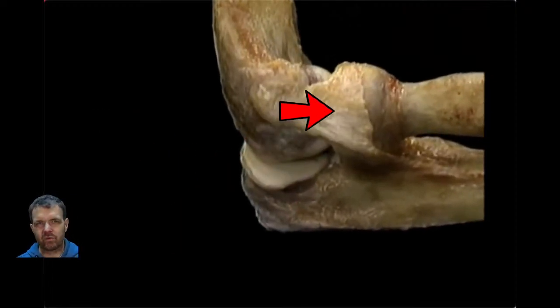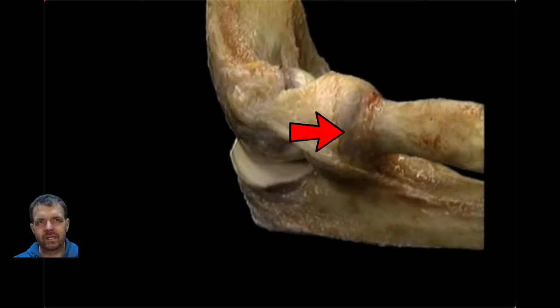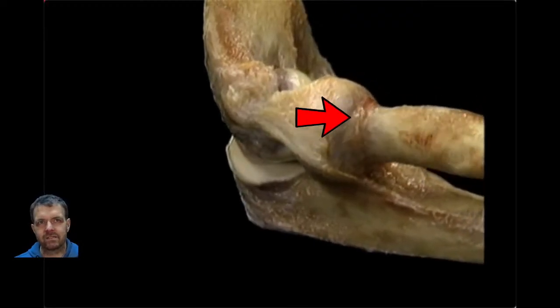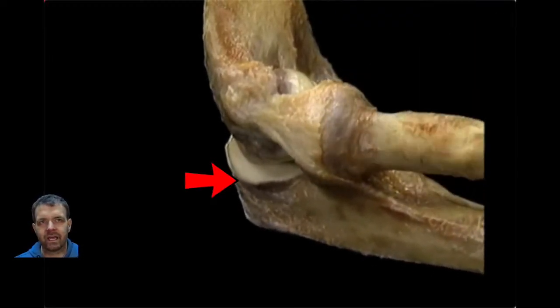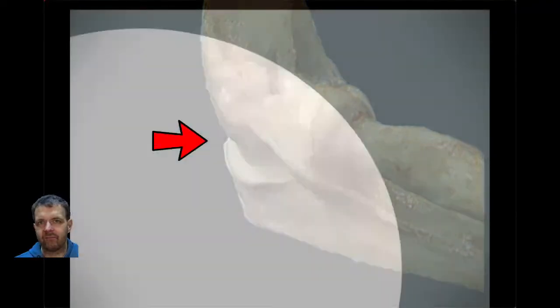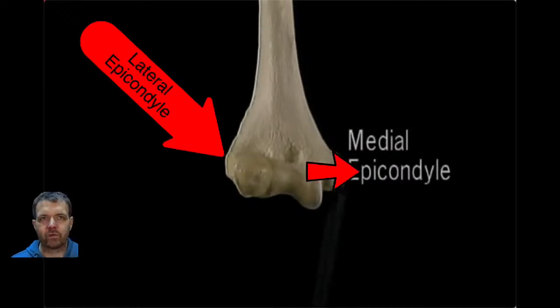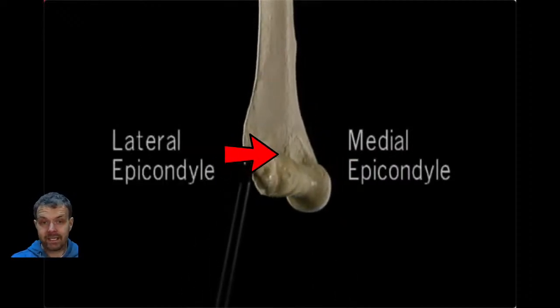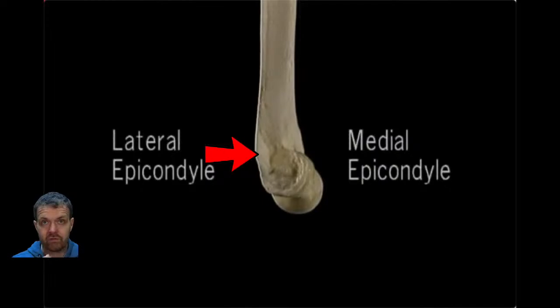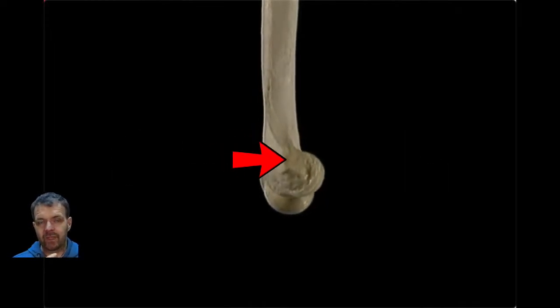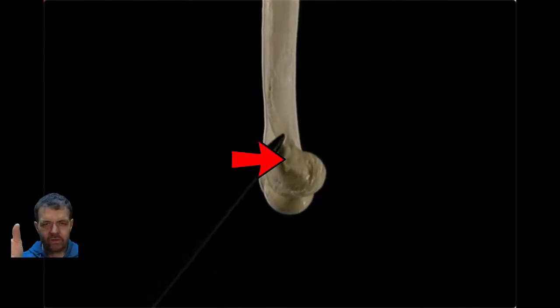So that's your radial collateral ligament. We'll talk about that next week. There's your radial head, just there. And look at that, rotating through there. Absolutely amazing. Just going to play that through again. So some of the things that we've already seen. Medial epicondyle, so that's really close to that ulnar groove. Lateral epicondyle, those are the key points for your golfers and your tennis elbow.